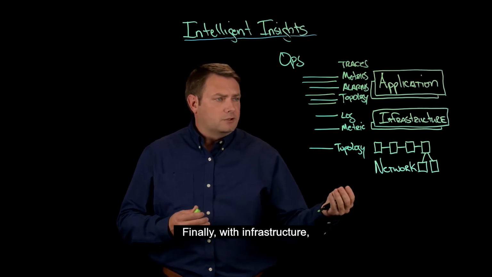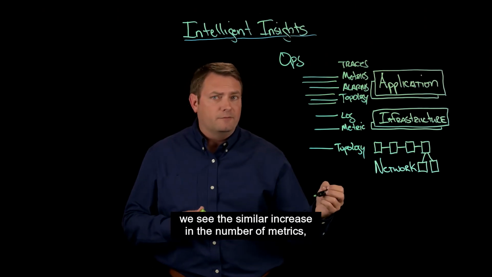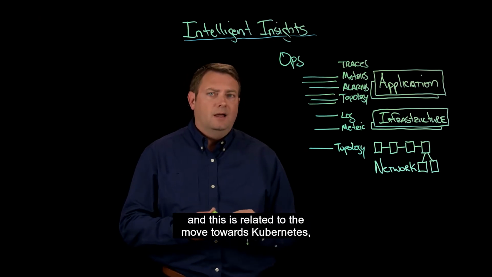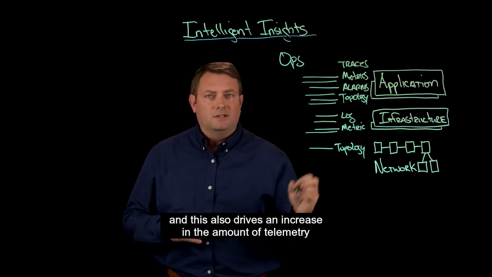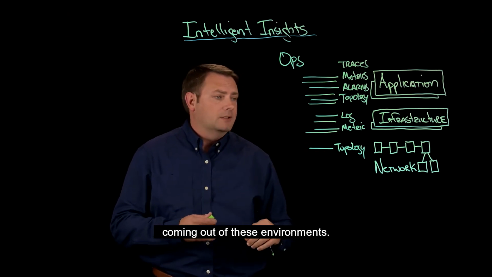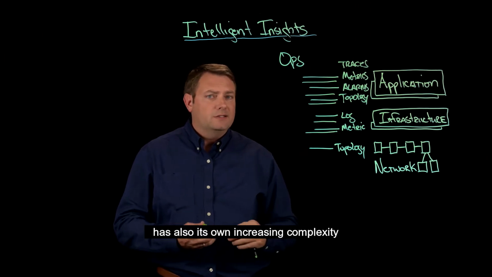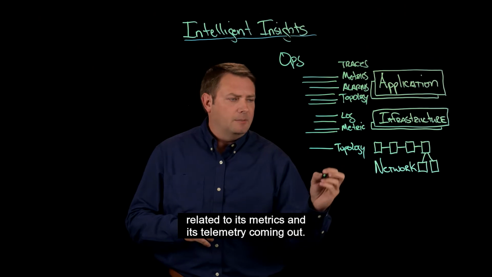Finally, with infrastructure, we see a similar increase in the number of metrics, and this is related to the move towards Kubernetes, towards containers, and this also drives an increase in the amount of telemetry coming out of these environments. Network, not to be left out, also has its own increasing complexity related to its metrics and its telemetry coming out.